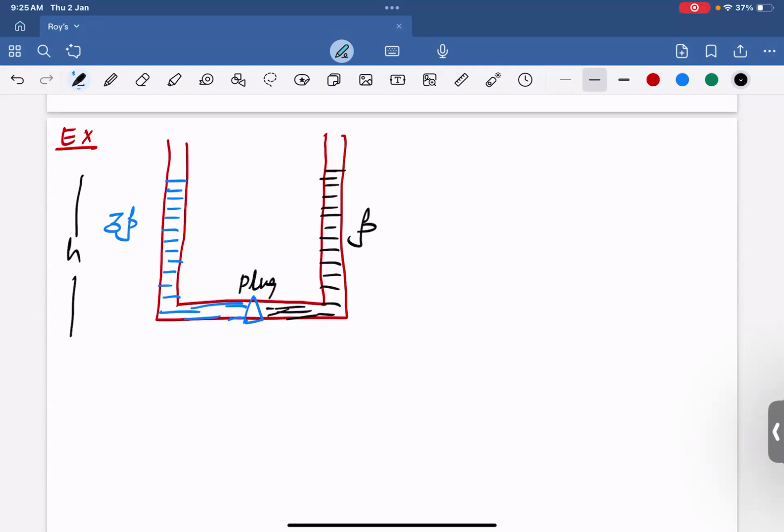If this plug I remove, then the heavier liquid will come down and the lower one will go up. So the level will not remain the same. Right now, the level is the same only.